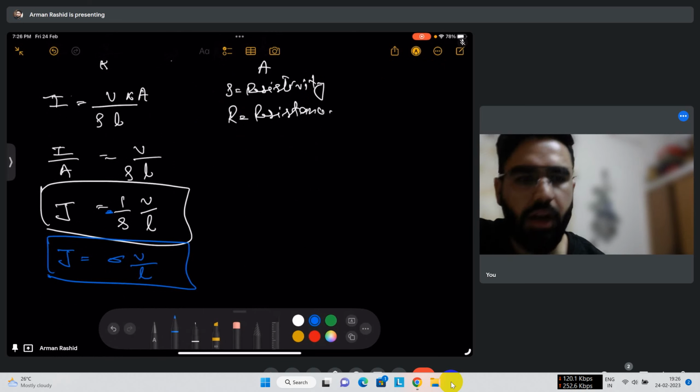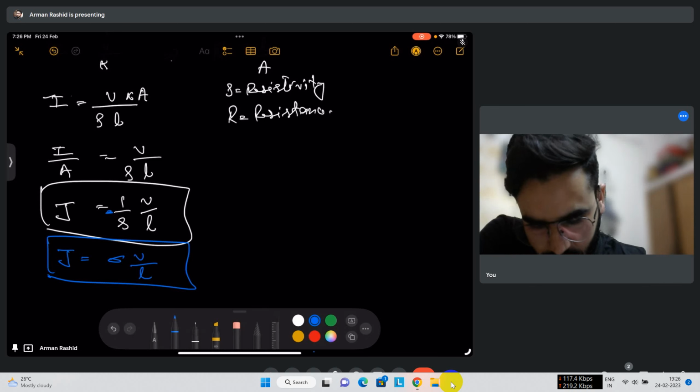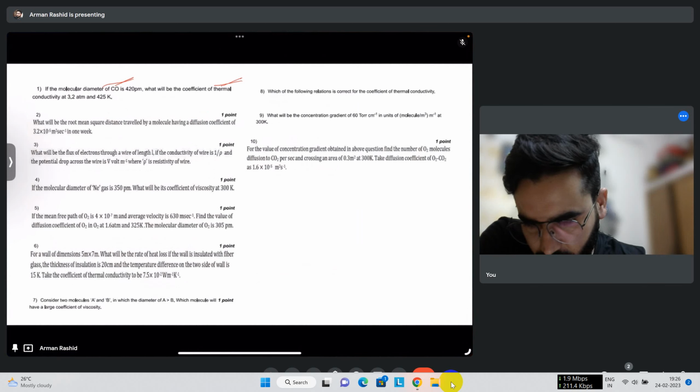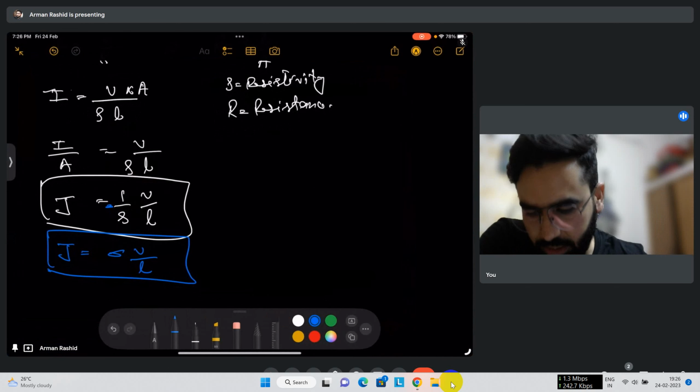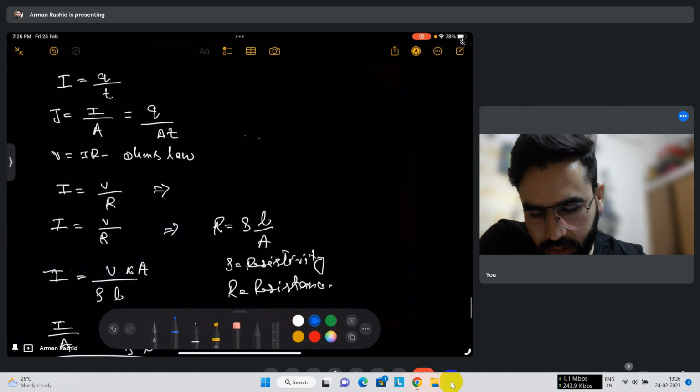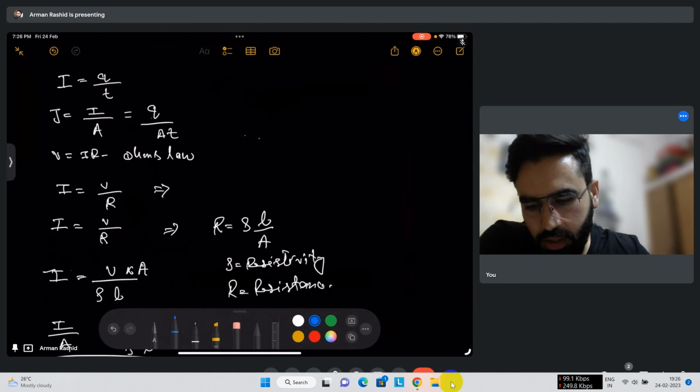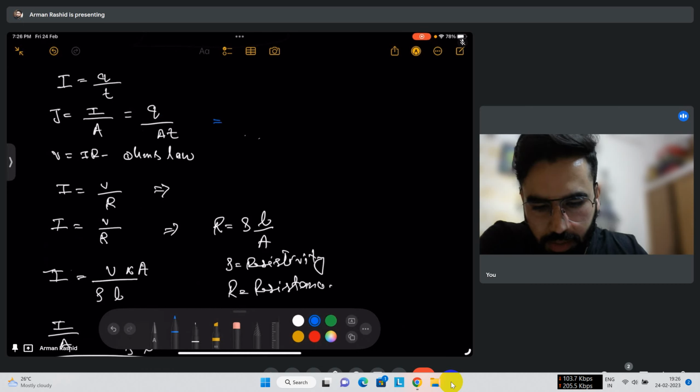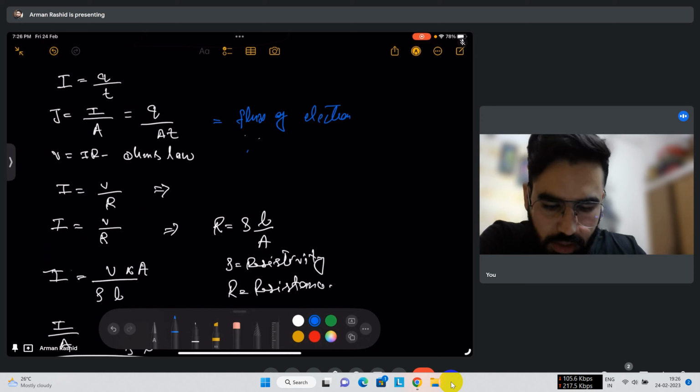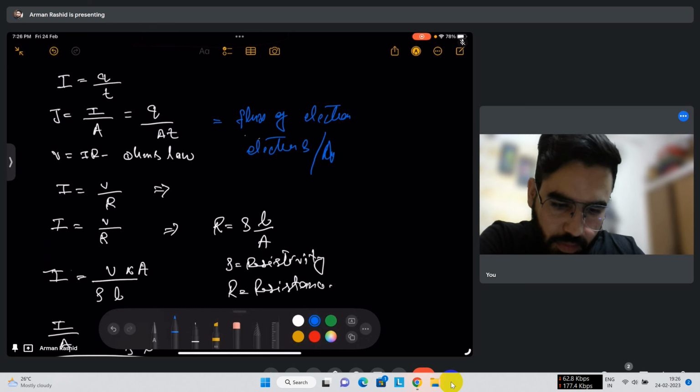That is the flux of electrons. So why do we define it for electrons? Because Q is the electrical charge, and J is determined as I by A. So this is the flux of electrons, that means electrons per unit area per unit time.